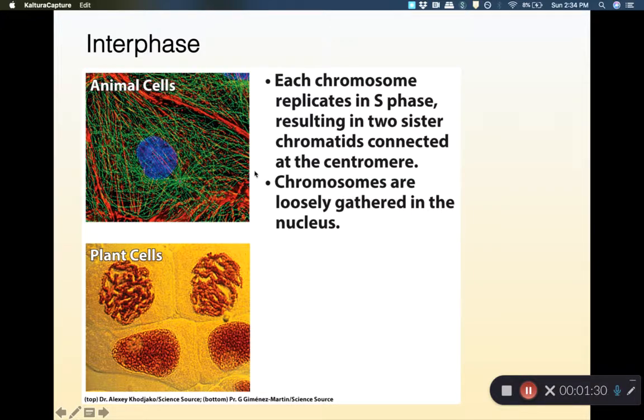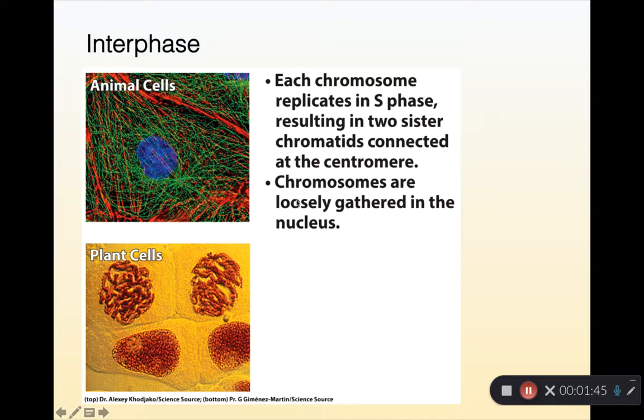So you can see here in animal cells, this preparatory phase, we're basically replicating all of our genetic material so that we have two sister chromatids connected by that really important centromere. And the other thing you can see here in these slides is that the chromosomes are loosely gathered around the nucleus, or in the nucleus.